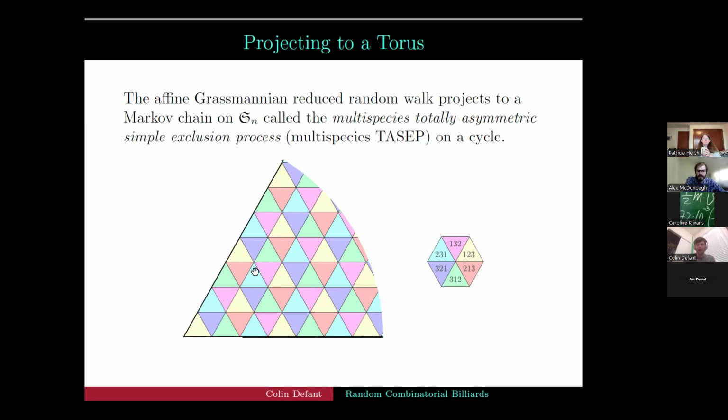And so over here, I can tile my space V with these hexagons. So I just have this tiling, like here's a hexagon, here's a hexagon. And now there's a natural map that goes from the space V to this hexagon that just sends each alcove over here to the alcove of the same color in the hexagon. So all of these yellow triangles get mapped to this yellow triangle here. All of the green triangles over here get mapped to this green triangle here, and so on.